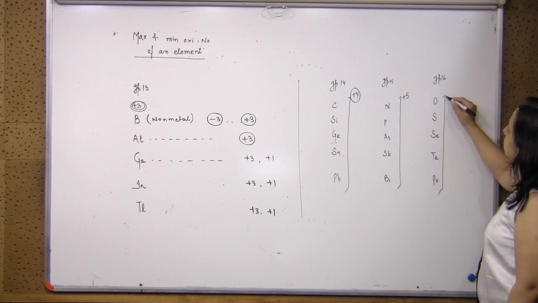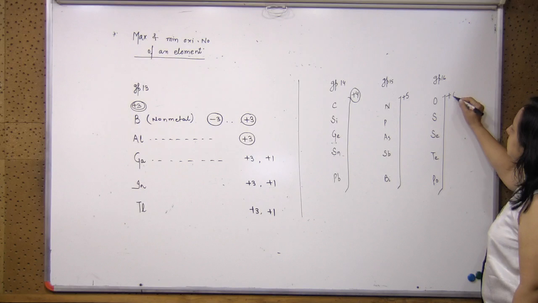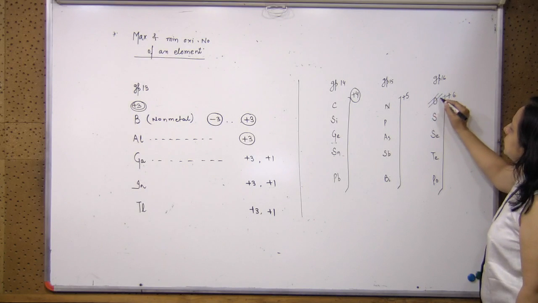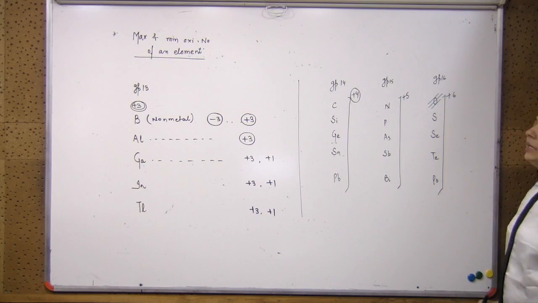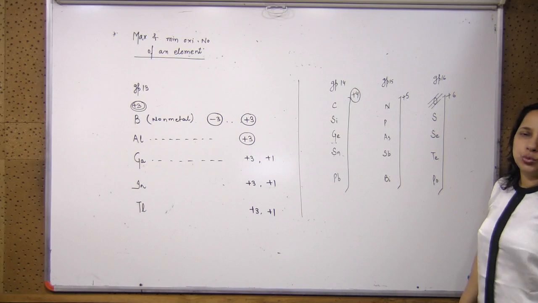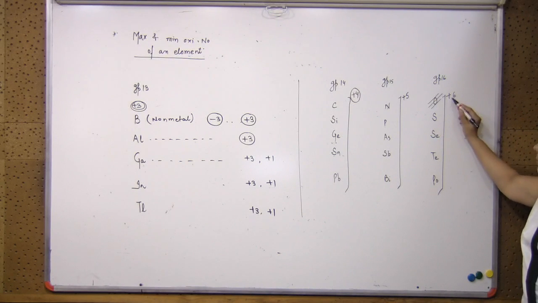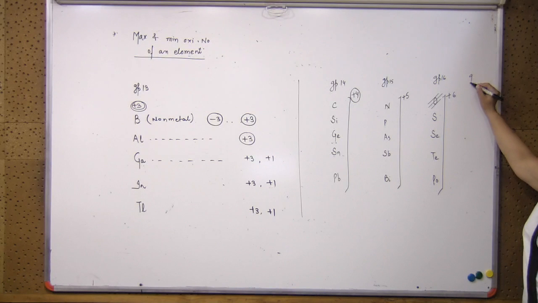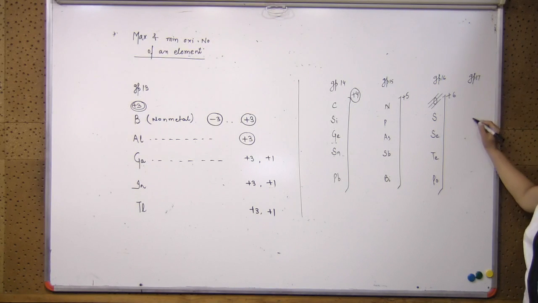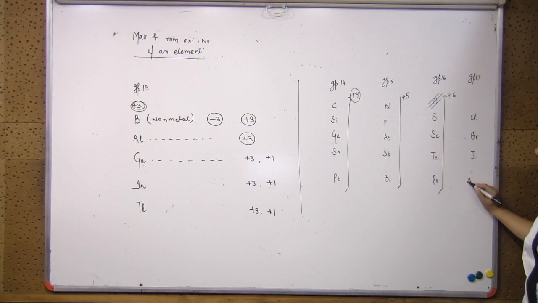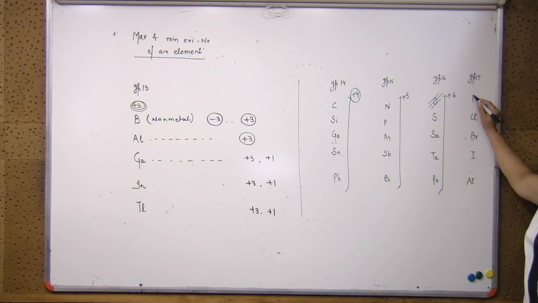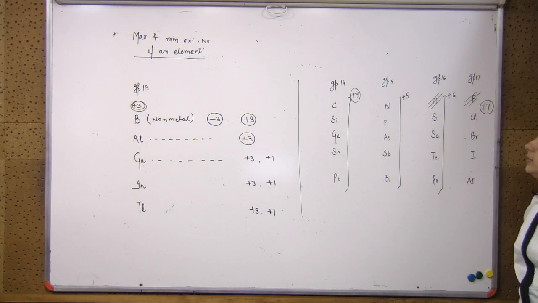Maximum is +6 except oxygen, because oxygen can show maximum +2. The rest of the elements can have maximum +6. Group number 17 is chlorine, bromine, iodine and astatine. Fluorine we can't consider, it is only -1. The rest of the elements can show maximum +7.